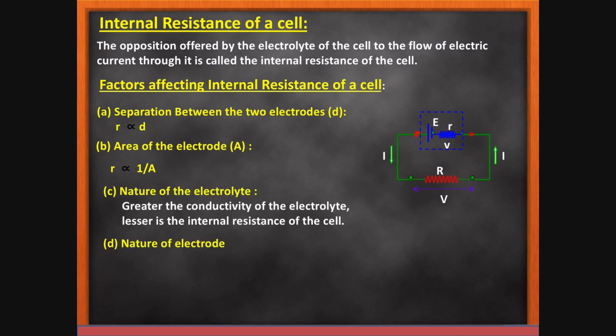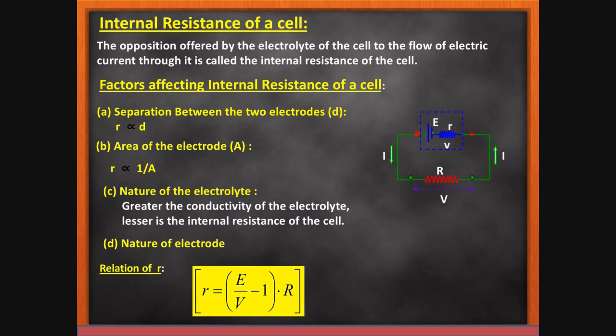And the next two, nature of the electrolyte and nature of the electrode. Now the formula for small r is equal to (E by V minus 1) into R. E is the EMF, V is the potential difference. So by this formula we can calculate the internal resistance of a cell.